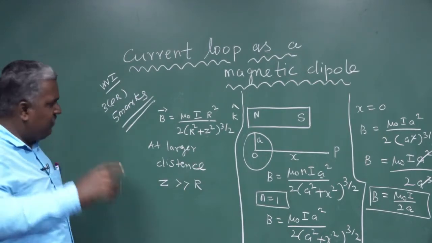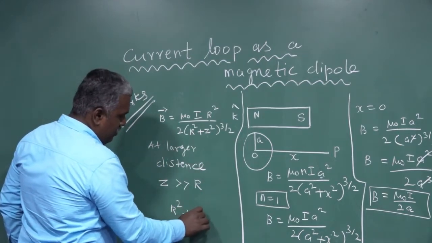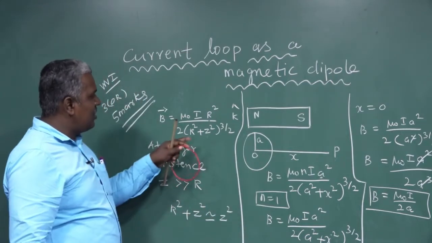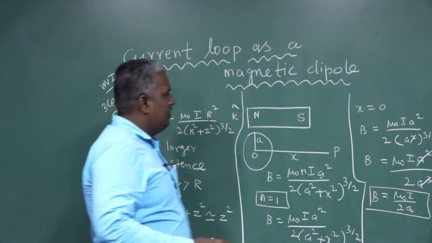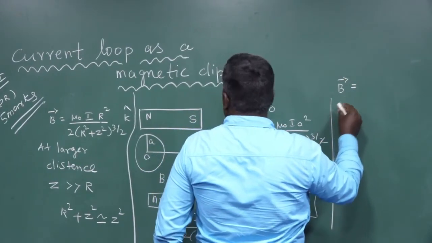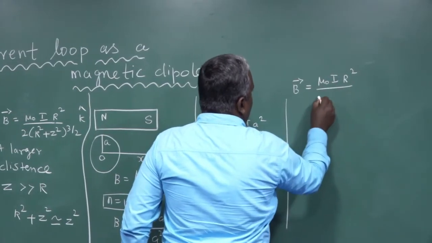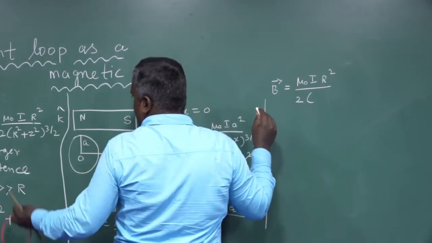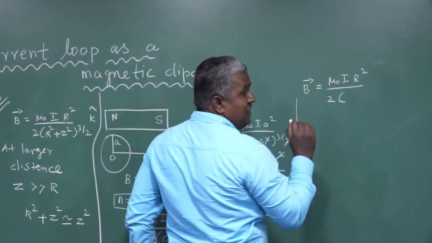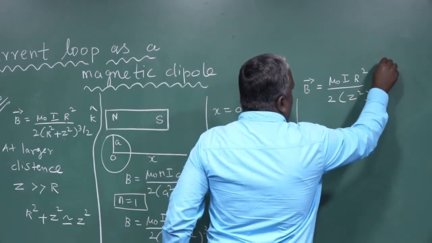So negligible. Therefore, R square plus Z square is almost equal to Z square. This is negligible, that's all. So, B vector is equal to mu naught I R square by 2 of, R is negligible, no? That means R, the radius of the circular loop, is negligible. Z square whole power 3 by 2 K cap.